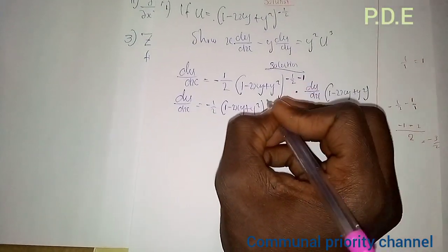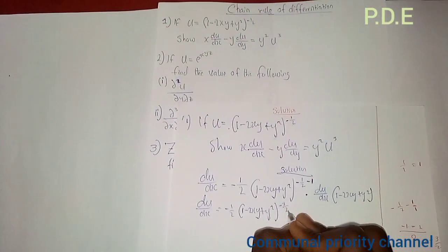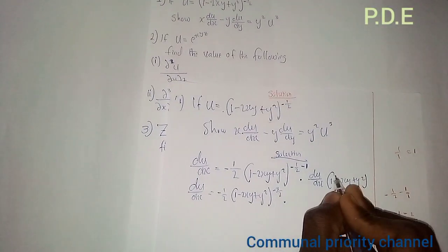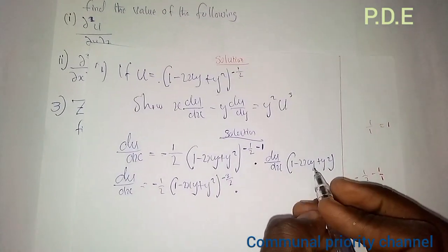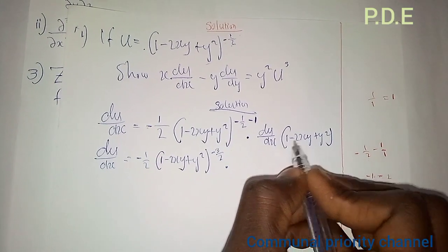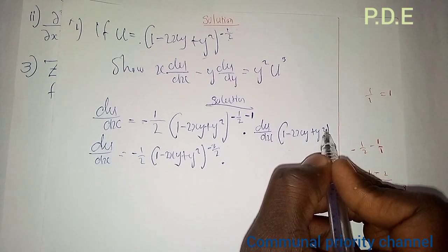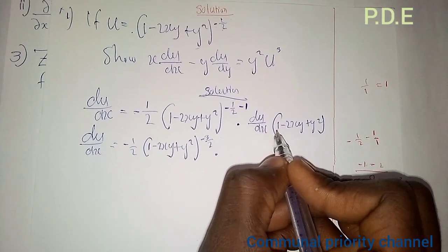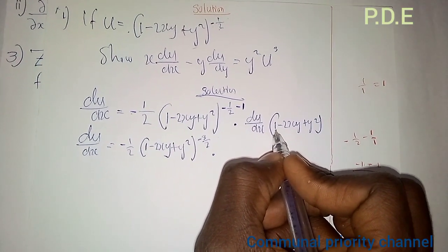So therefore, this will be to the power of minus 3 over 2 multiplied by the differentiation of this value with respect to x. First of all, differentiation of 1 with respect to x is 0. And differentiation of y squared with respect to x is also 0, because if you are differentiating with respect to x, anything that is not attached to x will be 0.